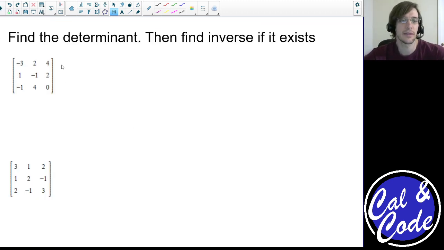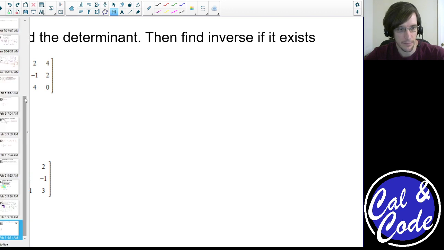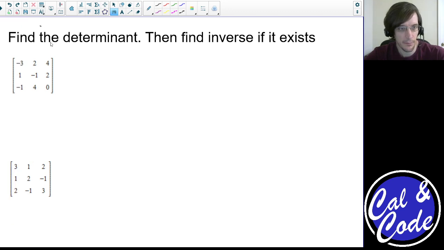Alright, so let's see if we can find the determinant and then find its inverse if it exists. I'm going to do the top one by the column or lattice method and the bottom one by the expansion by minors. So repeat my first 2 things. Okay, 2, -1, 4.